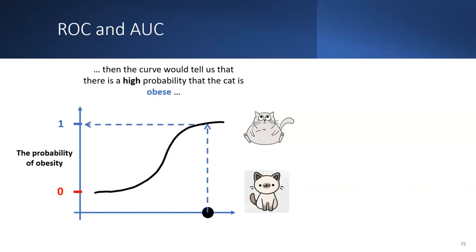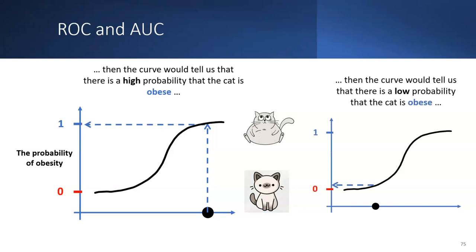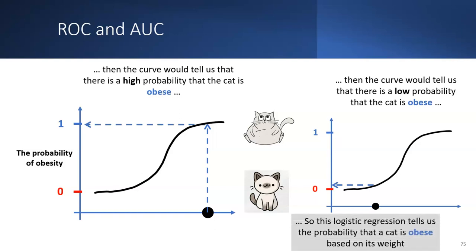And here the curve would tell us that there is a low probability that the cat is obese, so it is not obese. A high probability matches with 1, which means obese, and a point near 0 means not obese. So it is very obvious in that case. The logistic regression tells us the probability that a cat is obese based on its weight.